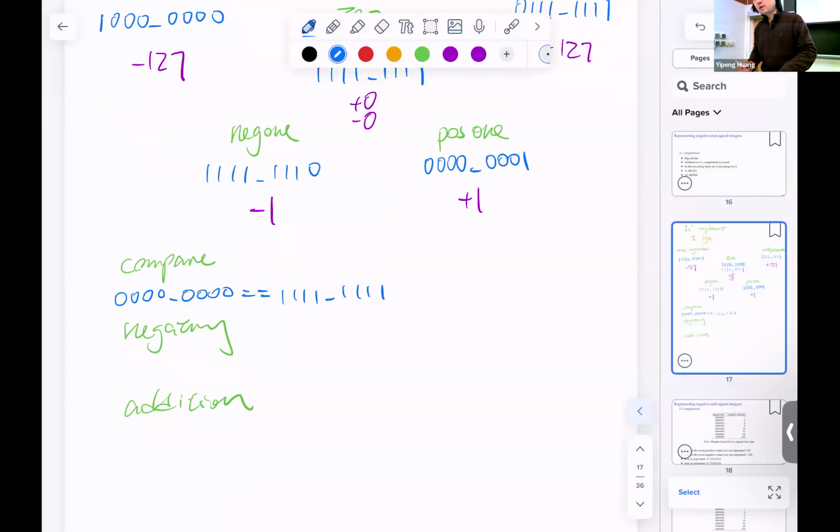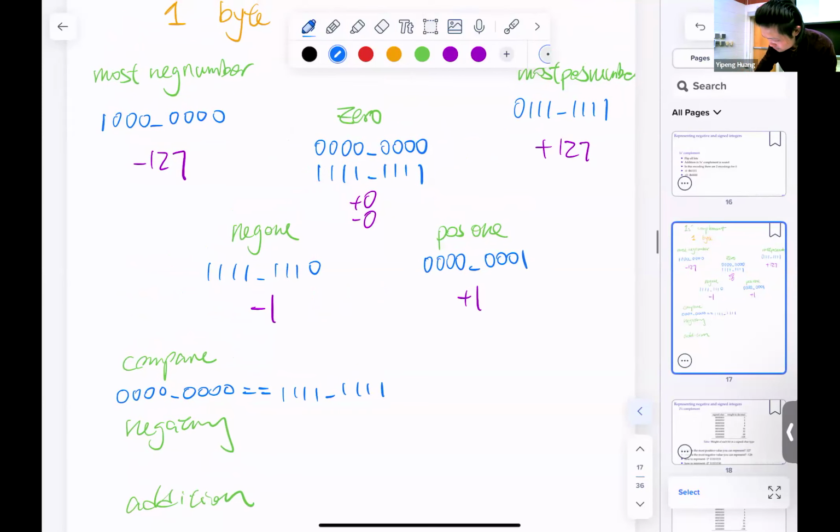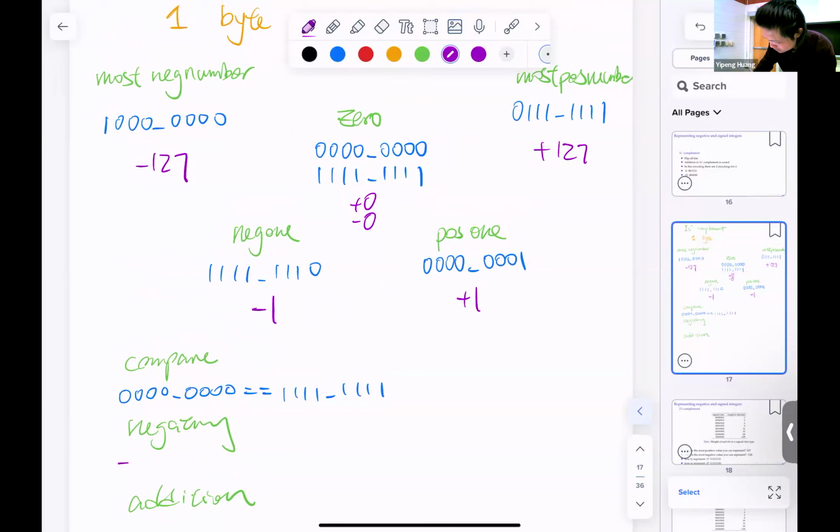What about negating? What's our rule for negating? So does negation work soundly? Yeah, no problem, right? Our exercise was, I would like to write down the negative number representation of plus 127.